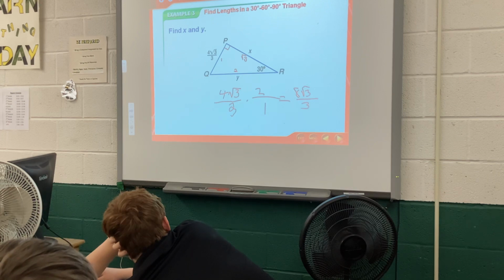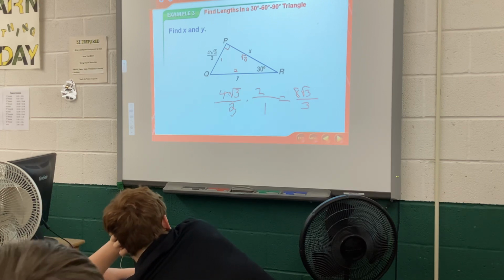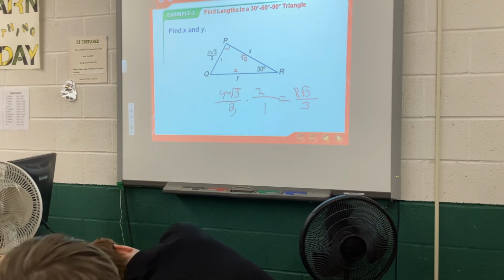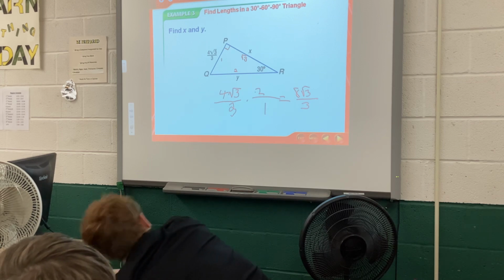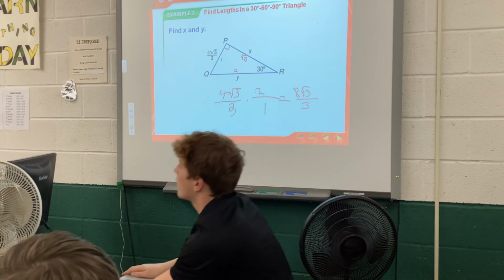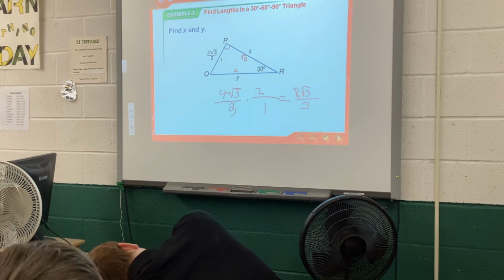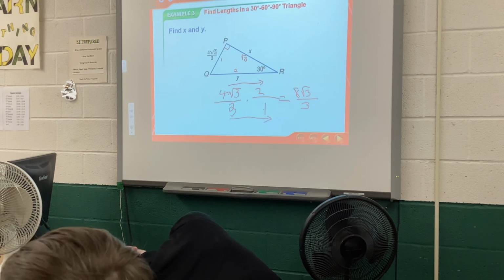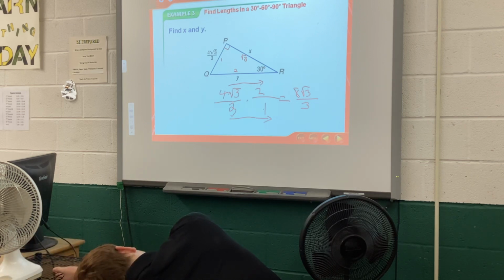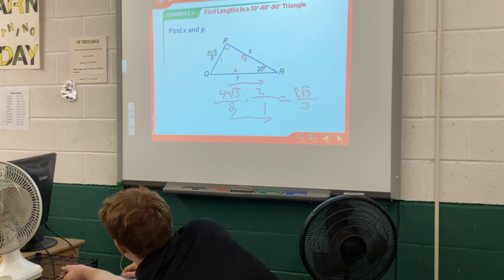Don't take something that's under the radical times something that's outside the radical. I multiplied straight across the top and straight across the bottom. 2 is 2 over 1, so I have 3 times 1 on the bottom. Okay?